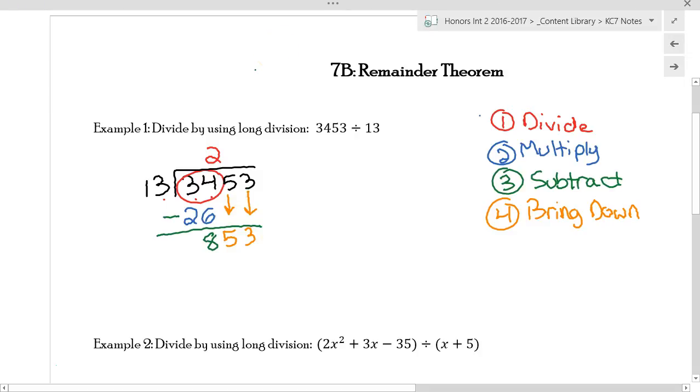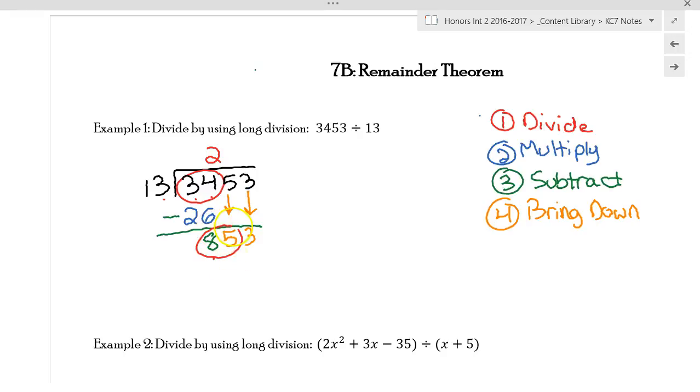Then we just repeat our steps. I did bring down, now I have to go back to number 1. Now I have to go back to divide. So does 13 go into 8? No, 13 is bigger than 8. So we're going to look at 13 going into 85. I believe it's 6 times. And you can use a calculator. If you do 85 divided by 13 and get a decimal, whatever number is before your decimal, that's what number will go on top, whatever that integer is.